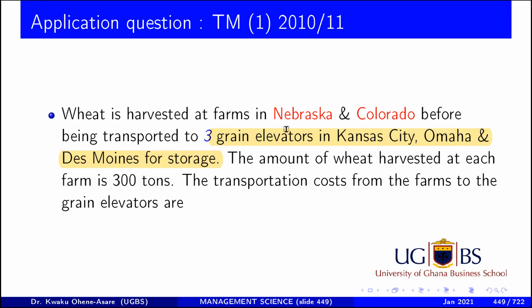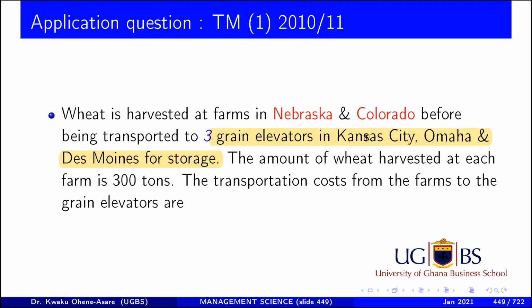But now we are going to tell you where it was harvested from, so that you will see the transshipment. There are farms in Nebraska and Colorado, and these farms were the ones that harvested before the wheat was transported to the grain elevators that we mentioned in Kansas City. But we didn't talk about those in Nebraska and Colorado. Now we are telling you that the grain elevators were not supply as we thought.